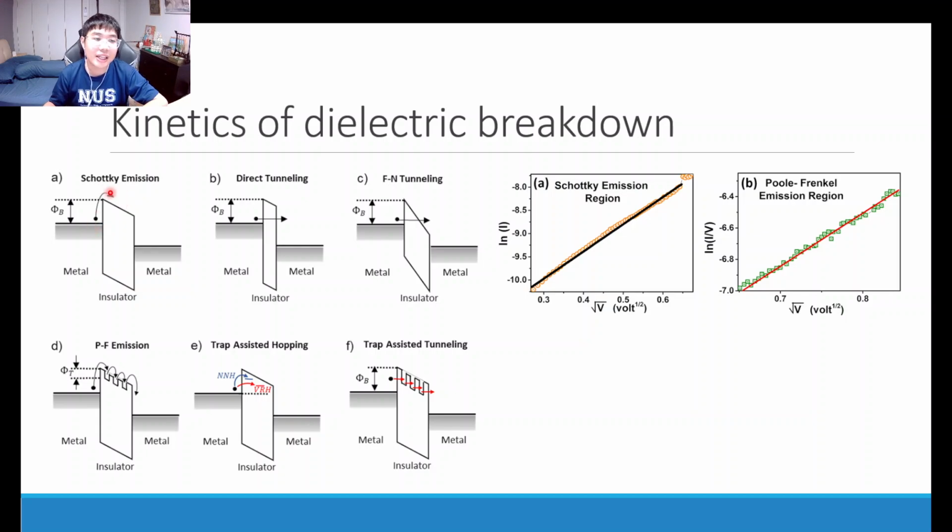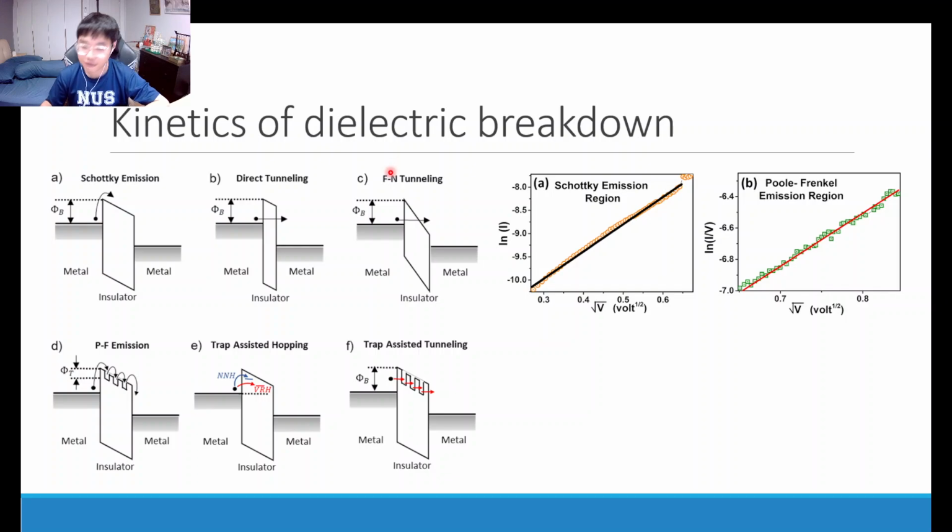So of course, any emission by this mechanism is likely not to be very fast, because there still needs to be an overcoming of the energy barrier from your metal's Fermi level to the conduction band level of your insulator layer. However, if your insulator, for example, is very thin, there can be direct tunneling, through the quantum effects.